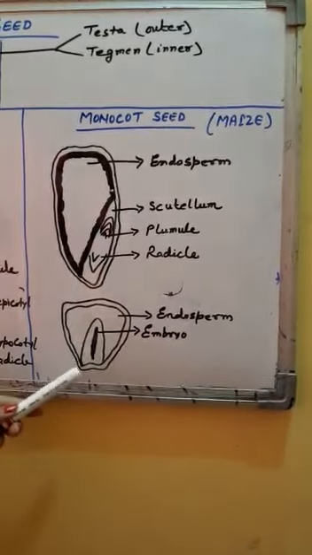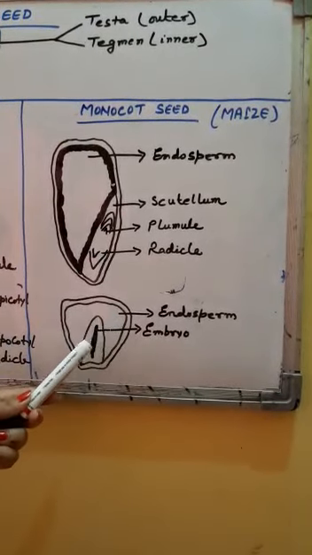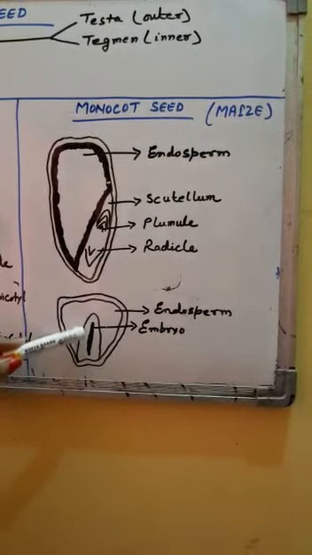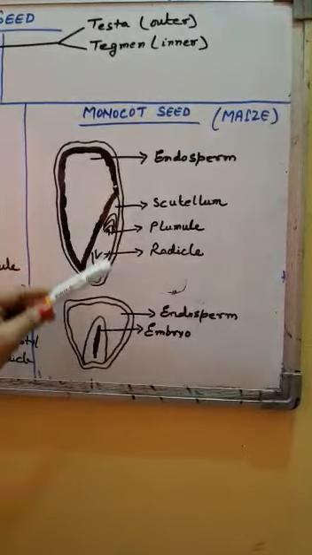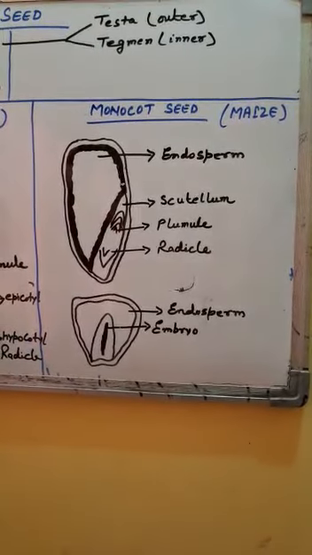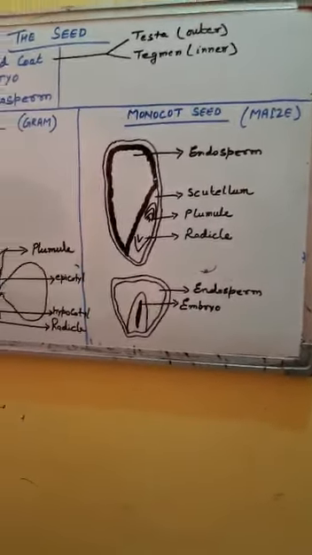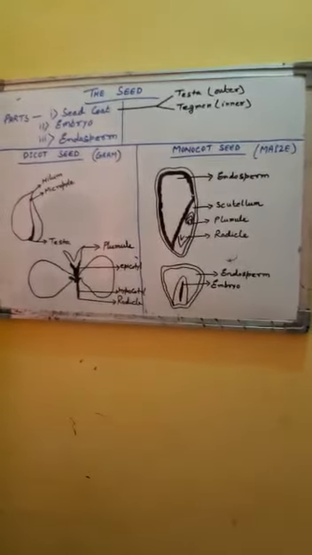If you cut the seed, you will find such a structure, with a large amount of endosperm and a very thin embryo situated at the side. So this is the structure of a typical monocot seed, that is, of maize. So students, this is all about the dicot seed and the monocot seed.